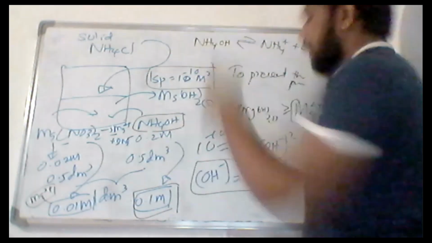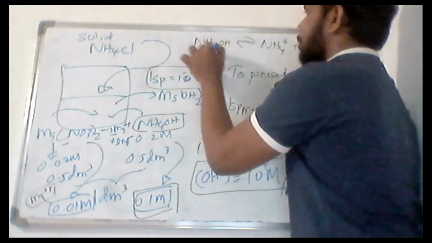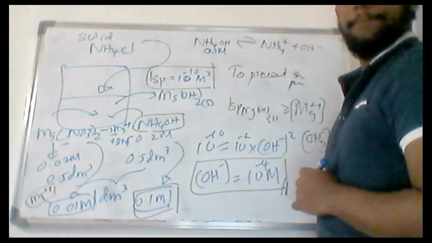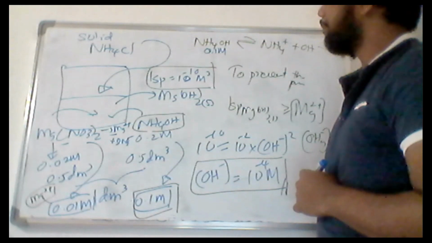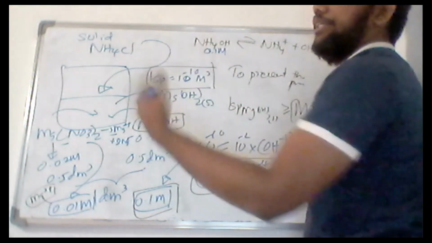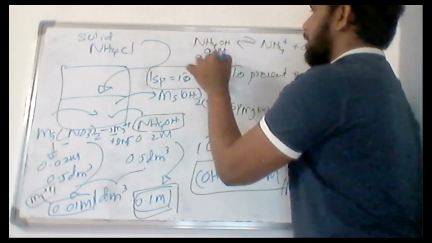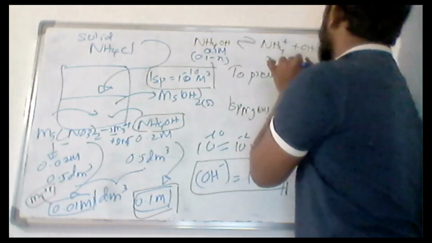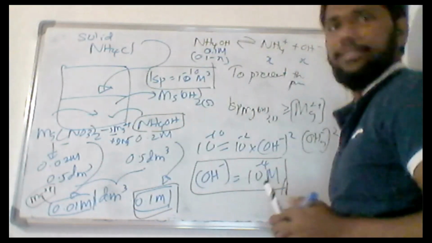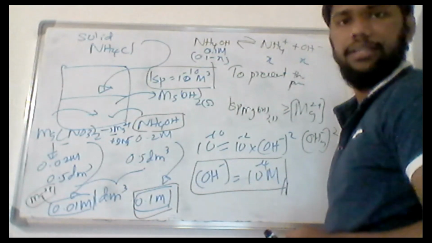And we know the initial concentration of this is 0.1 M. After a certain equilibrium, this will be 0.1 minus x, and this will be x, and this will be x. That's the idea, right?